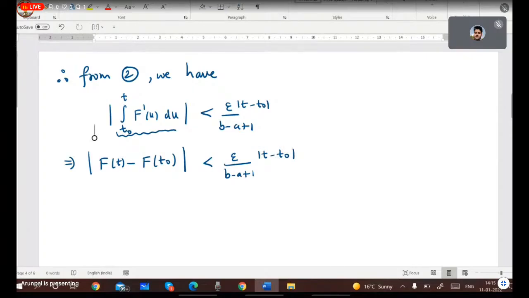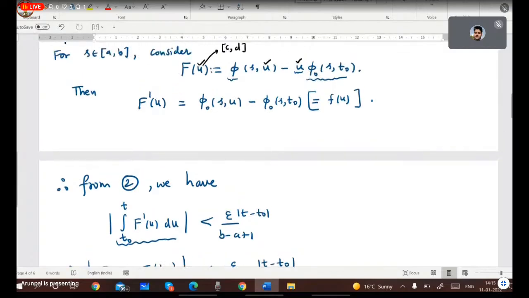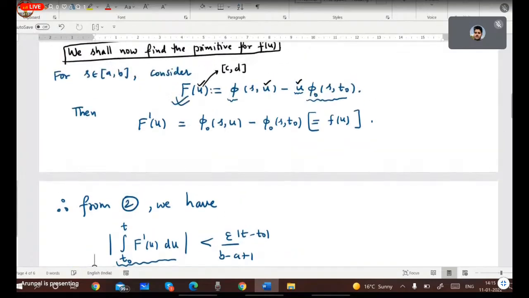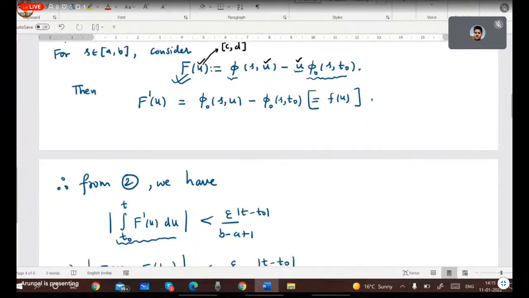Now put the value of f of t. What was capital F of u? Capital F of u was this. So what will be f of t? You put u is equal to t, and likewise for f of t naught, for u you put t naught.